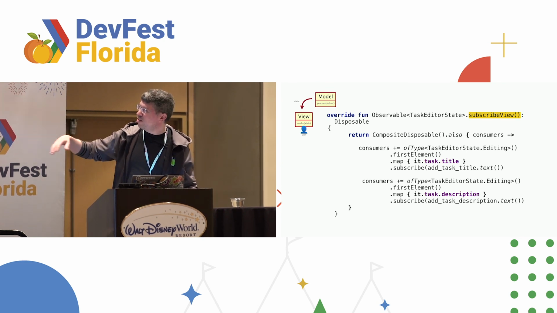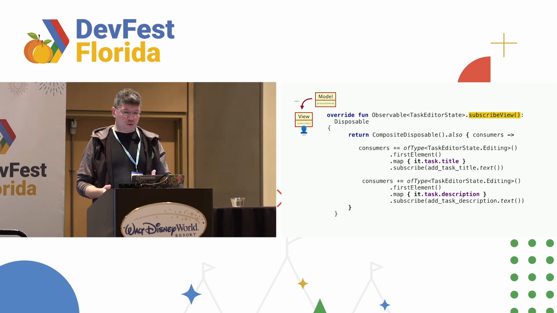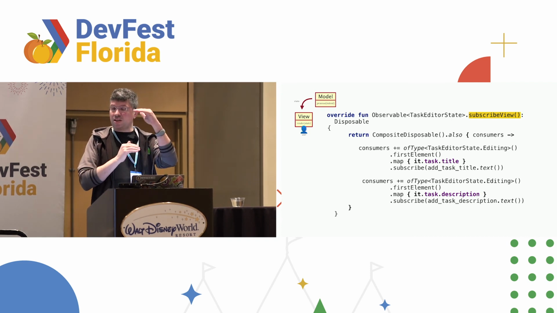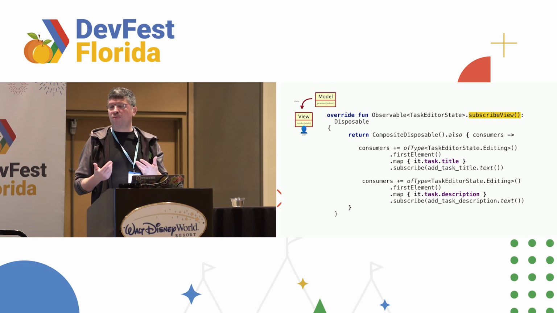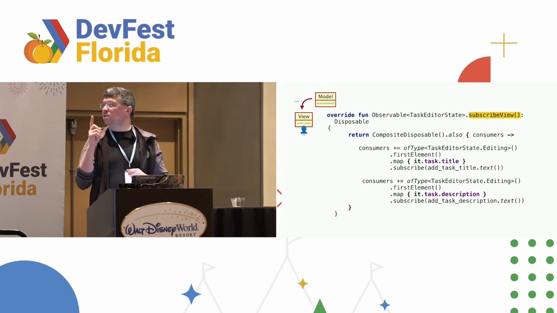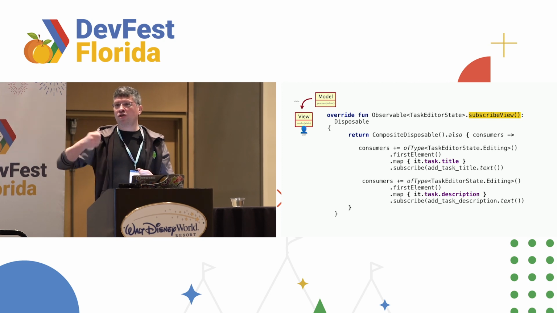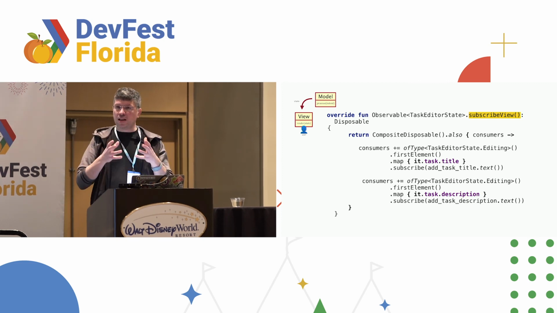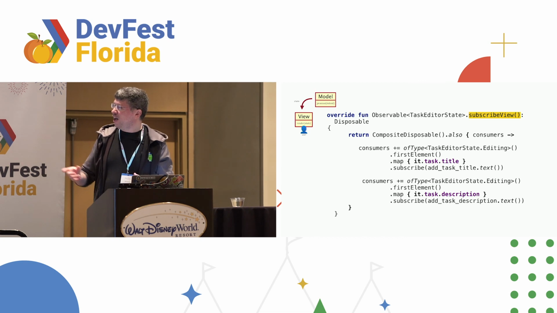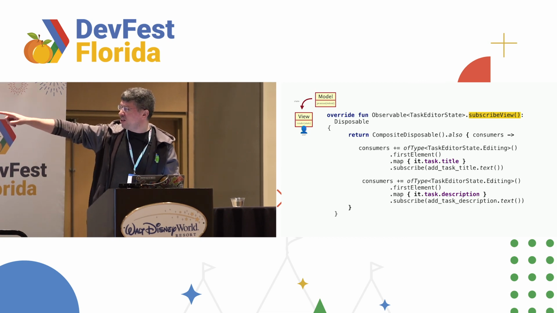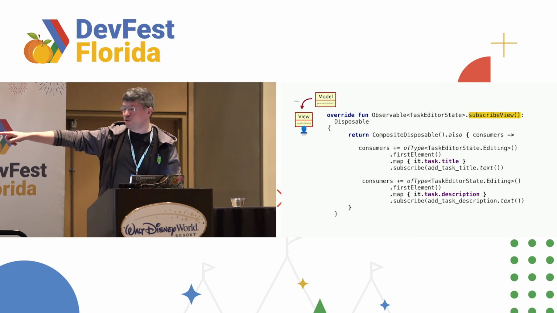Here we're on the edit view that has editable text fields, so when you start up the fragment, you only want to initialize it once. So what this says is take the model store, get the current state of it, the first element, just what's in there now, and map that to my title, and then subscribe my add task title and my add task description text fields to that.